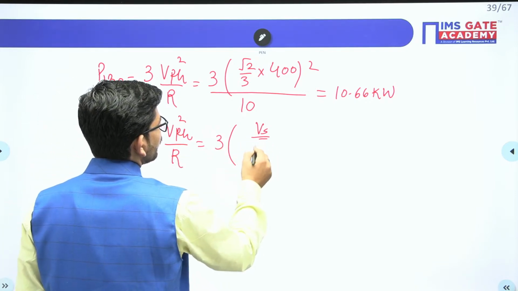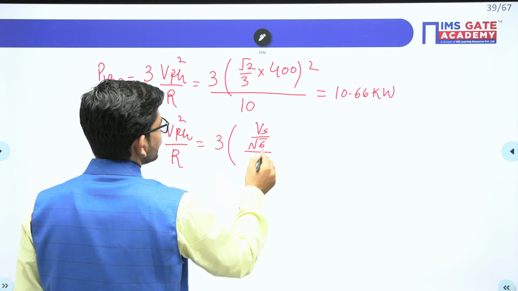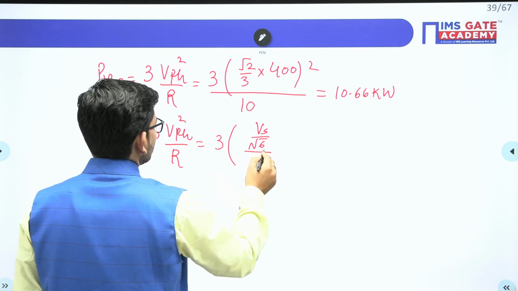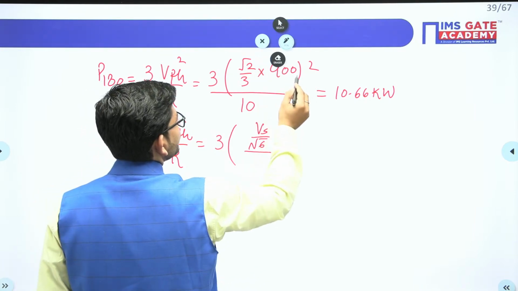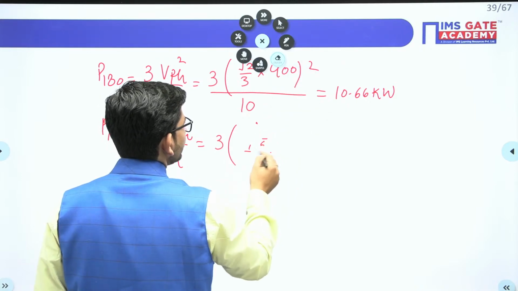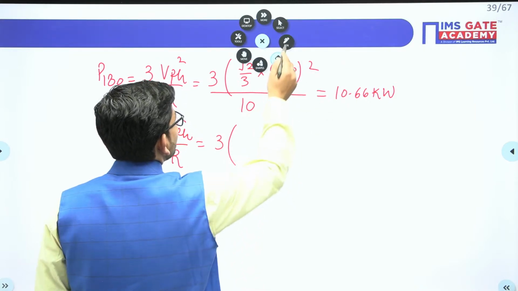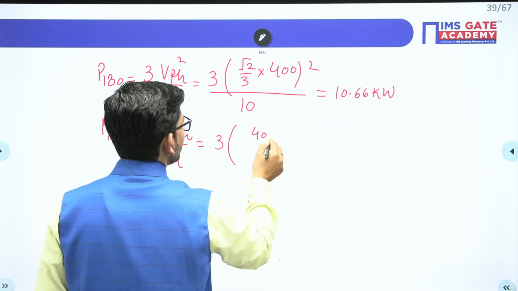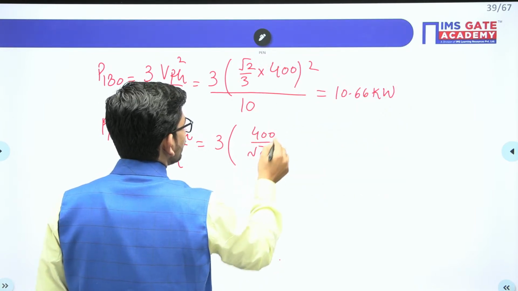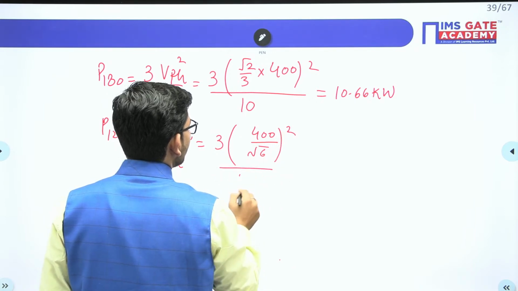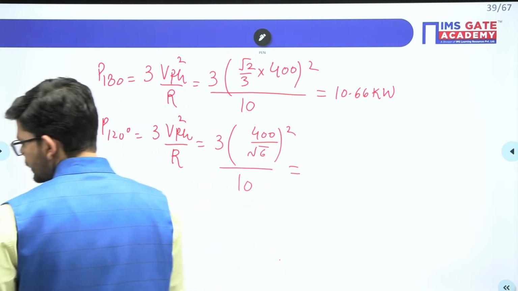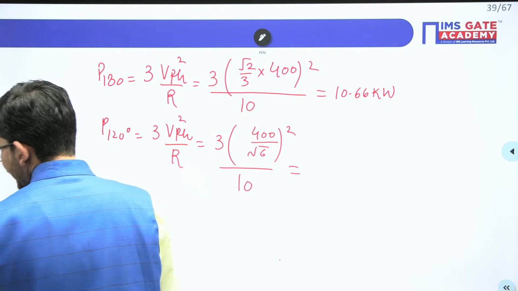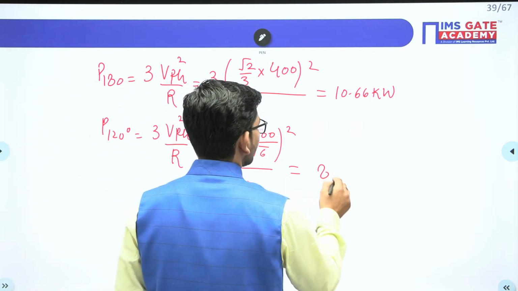This is Vs by root 6. So Vs by root 6, or directly we can put the values because we have written the formulas already. So what will be the value? Vs is 400 divided by root 6 square divided by 10. So what will be the answer, guys? You will get 8 kilowatt from here.